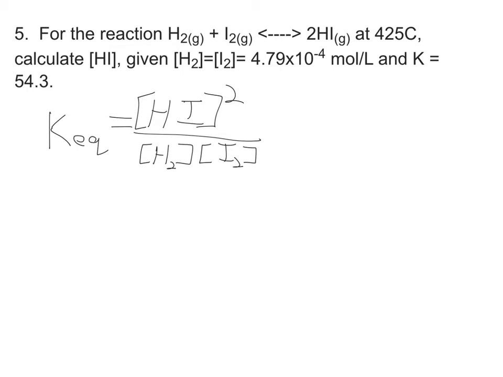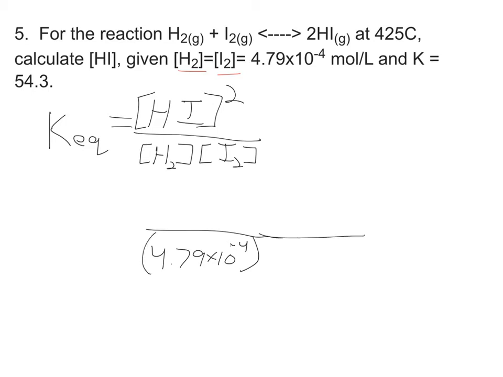Now let's plug in some numbers. They told me that both my H2 and I2 have the same value, which is 4.79 times 10 to the minus 4. So on bottom, H2 is 4.79 times 10 to the minus 4.